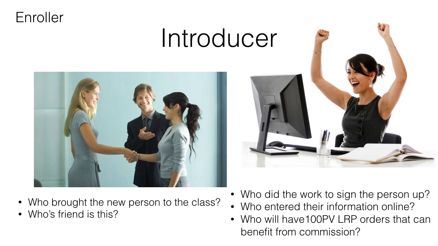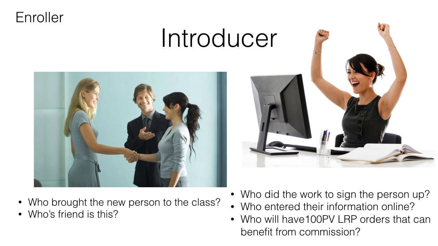If Jack isn't a member himself, he can't be an enroller. Let's say he is a member, but he never really buys. He buys here and there. You can explain to Jack that there is a chance that he could receive a commission, something similar to a referral fee.